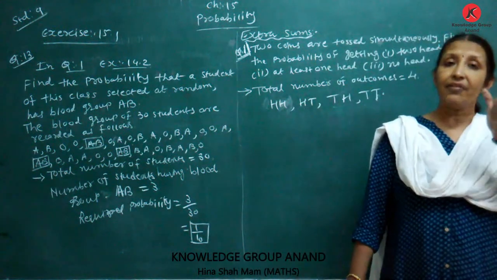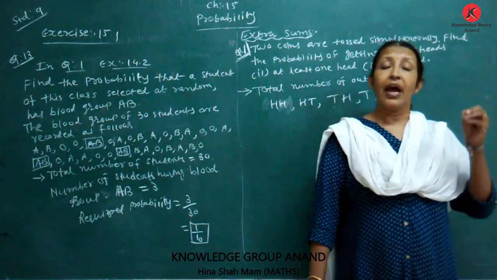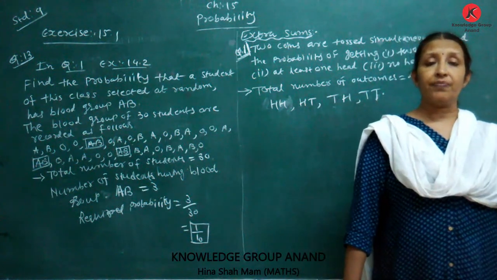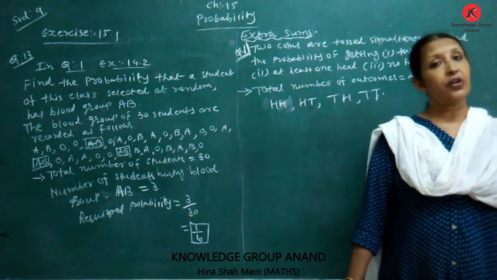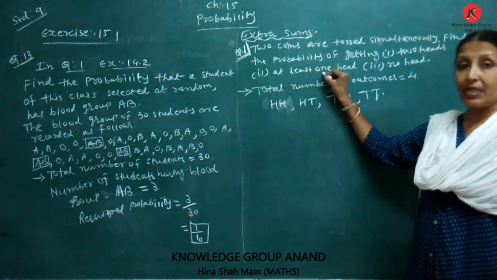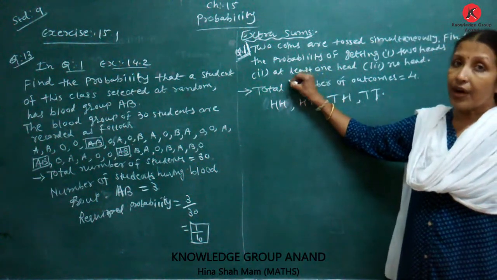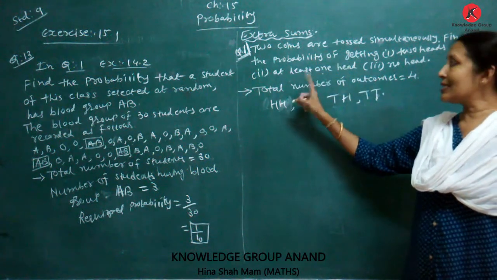For example, if we have at least 50 rupees, that means I have 50 rupees for sure, or more than 50 rupees, but not less than 50. Here at least 1 means 1 or more than 1, but not less than 1.